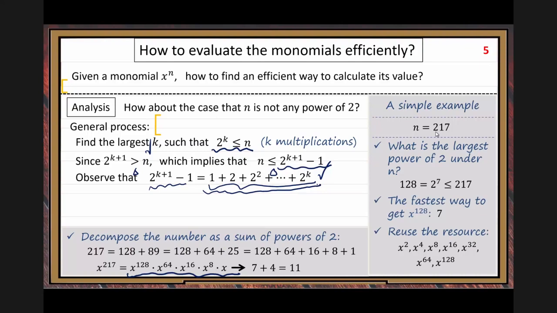We can just sum a certain number of powers of 2 to get that n. How to form x to the nth? Select elements from the set.